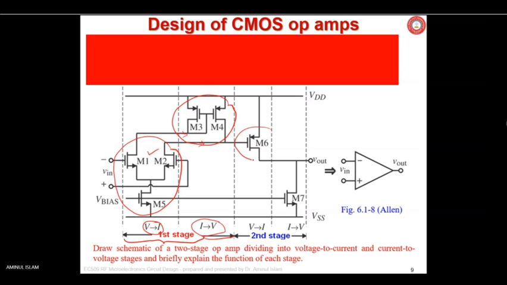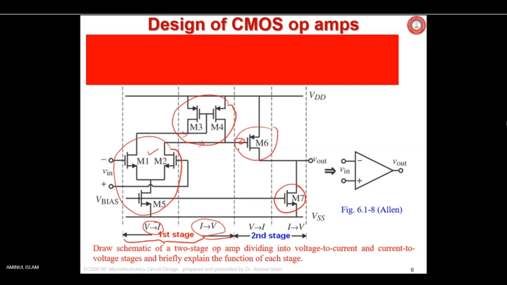And then this part of the amplifier is converting the voltage available at this gate into current. Once again, it is a transconductance stage. And finally, this is a current to voltage converter.